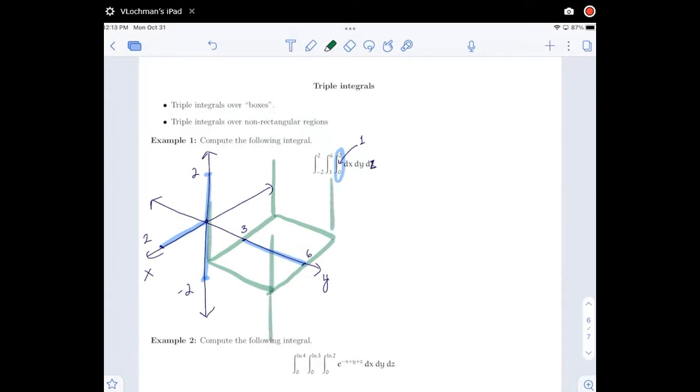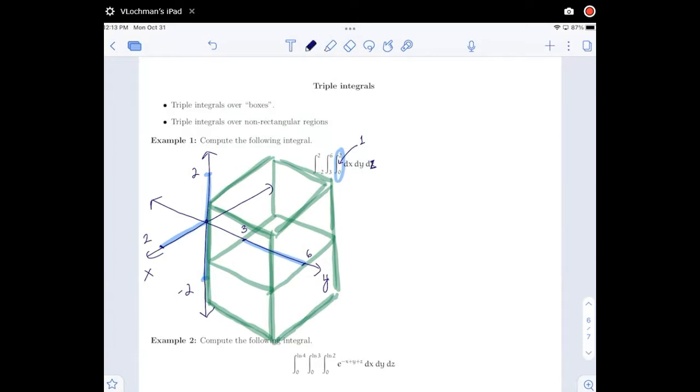So it should be a box like this. All right, so that's what my region of integration looks like. My region of integration is a three-dimensional object, right? In this case, it's a box.